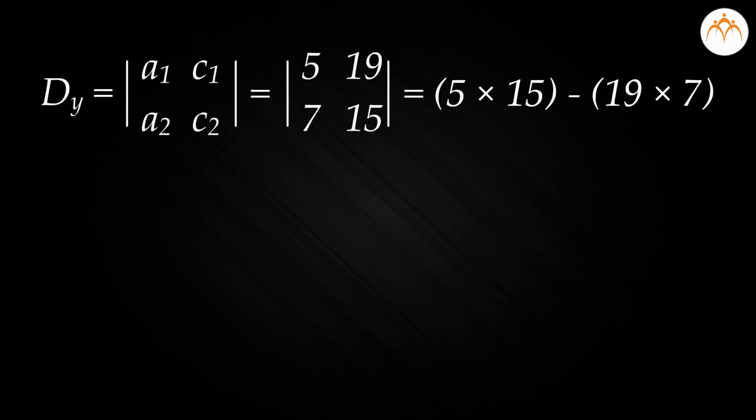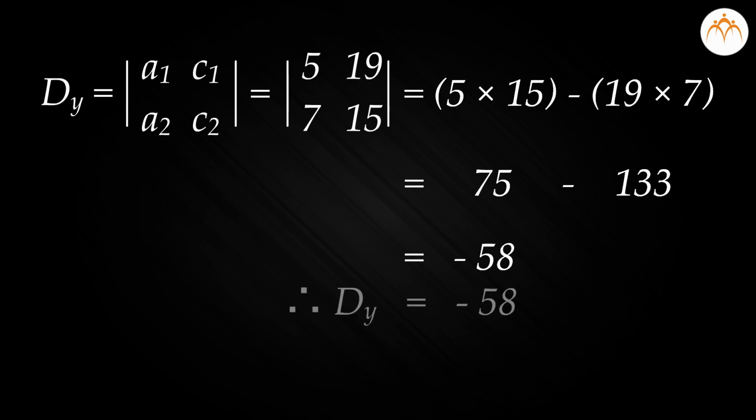Determinant Dy is equal to a1 and c1, a2 and c2, is equal to 5 and 19, 7 and 15, is equal to 5 into 15 minus 19 into 7, is equal to 75 minus 133, is equal to minus 58. Therefore, Dy is equal to minus 58.